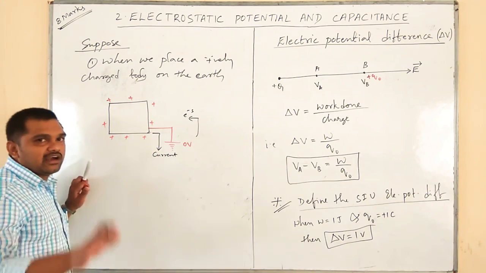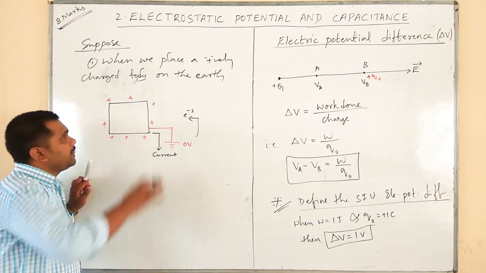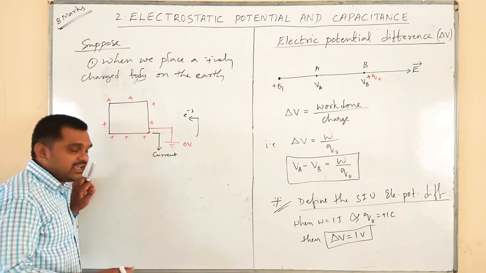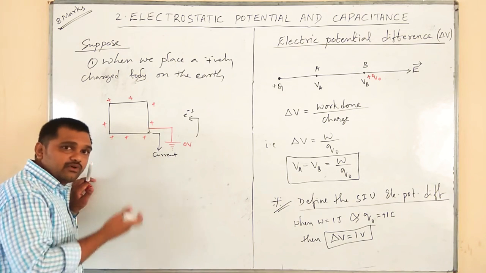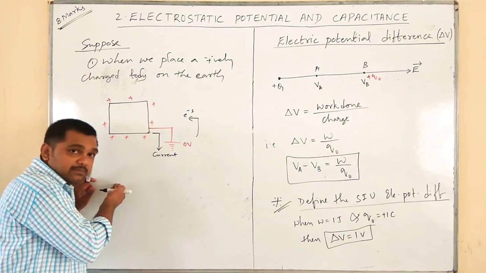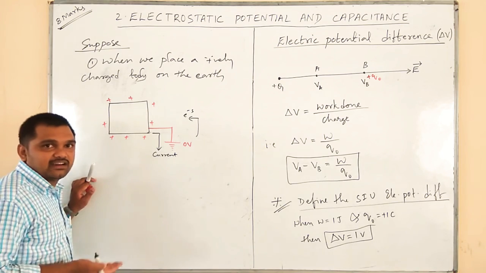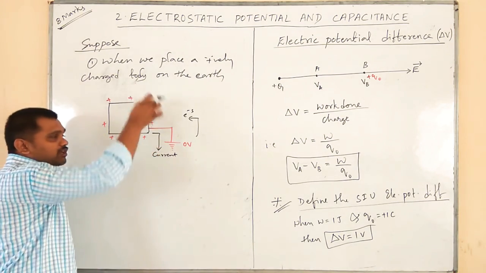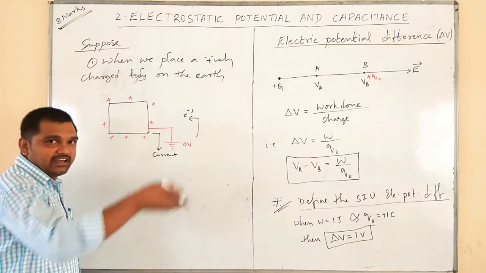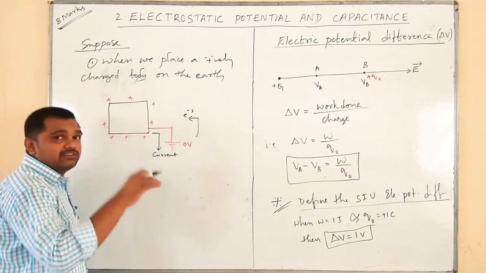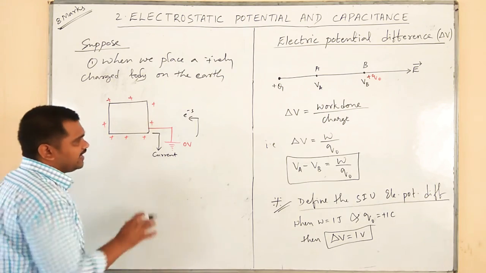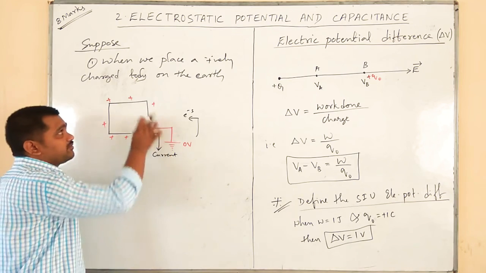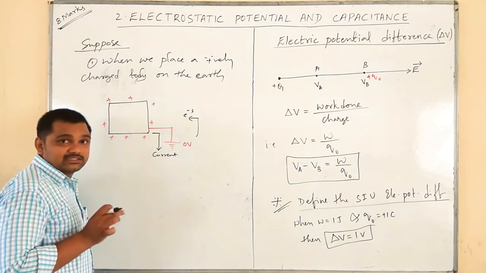Please remember, current always flows from high potential to low potential, just like heat energy always flows from high temperature to low temperature. Similarly, current always flows from high potential to low potential. Already I said the potential of positive is more compared to negative. Anyhow, when compared to this 0, positive is more. Therefore, current flows from body to earth.